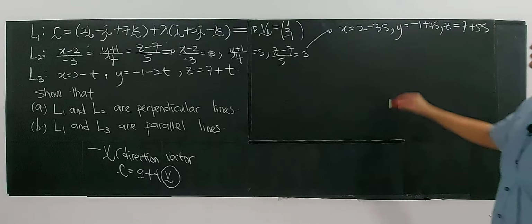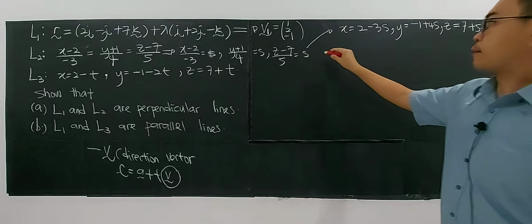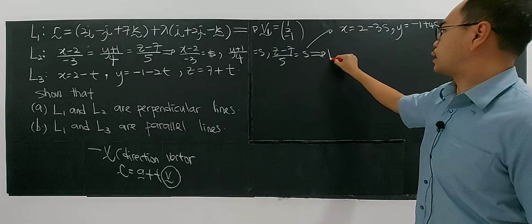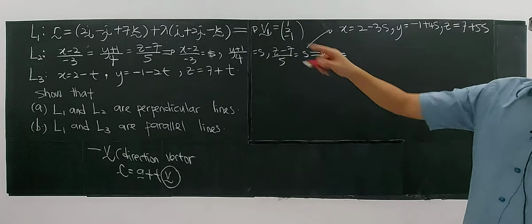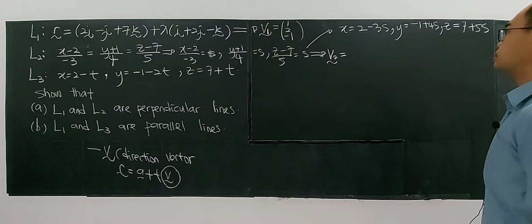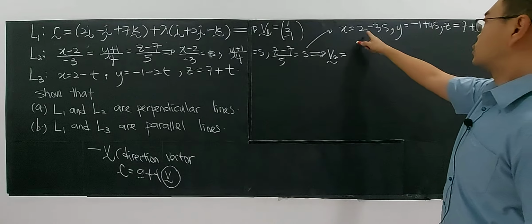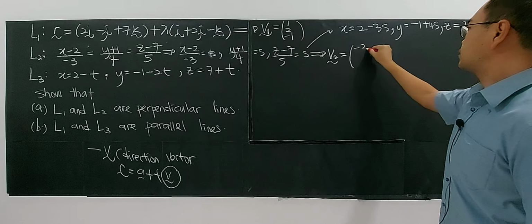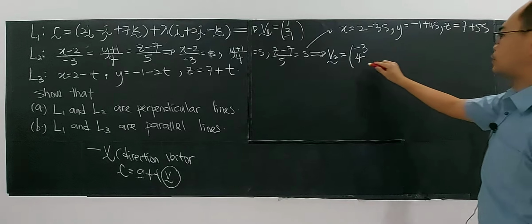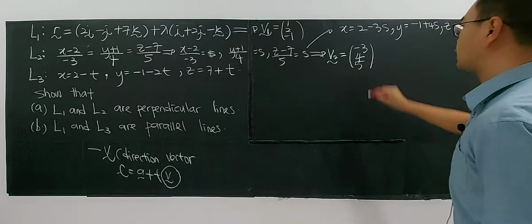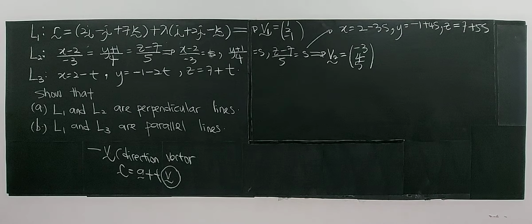As you see, the coefficients of the parameter give the direction vector for this straight line 2, which will be (-3, 4, 5). So this is the direction vector for line 2.